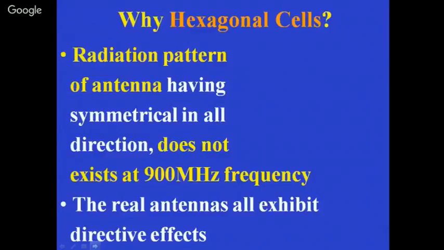So transmission is not circular in nature, it is directional. To design a hexagonal cell, that is another reason why a circular cell has not been taken. So now we'll discuss why we have taken the hexagonal.